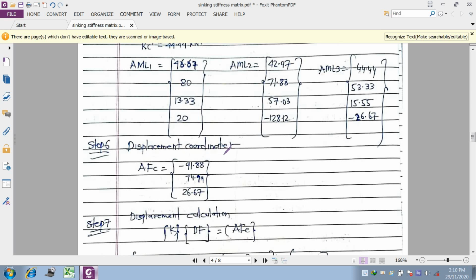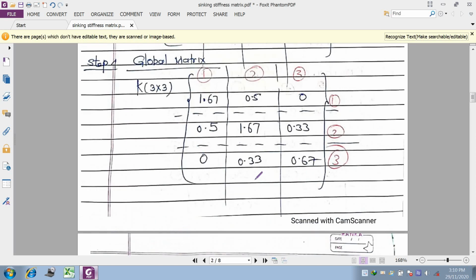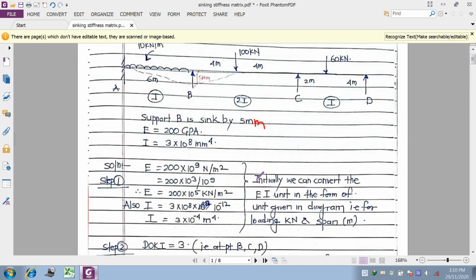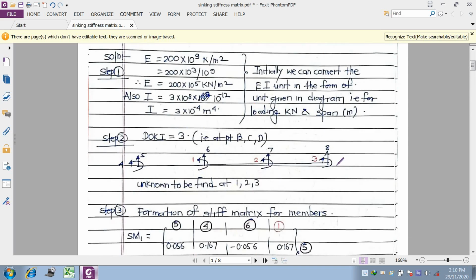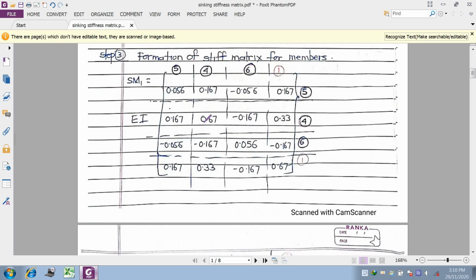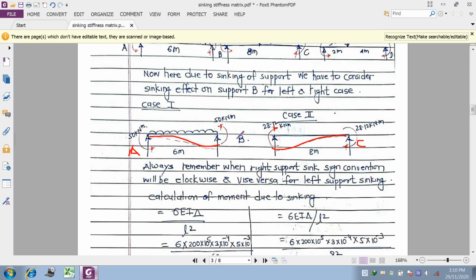Now next is the displacement coordinate. So the displacement coordinate will be calculated on the unknowns. So the unknowns will be at point 1, 2 and 3. This is a moment form, so we have to add the moment at points 1, 2 and 3.